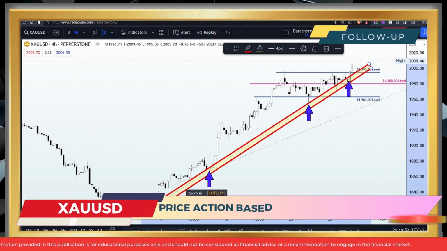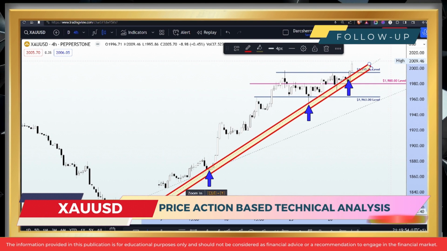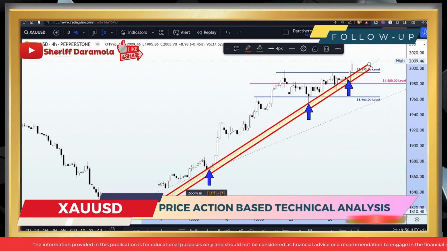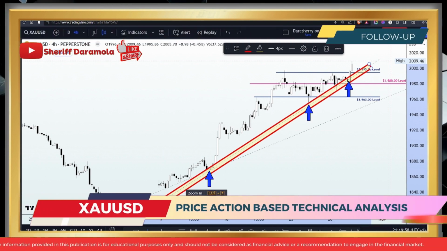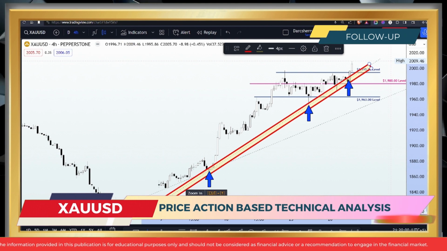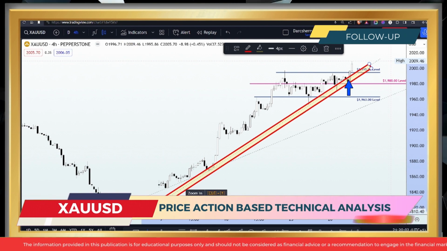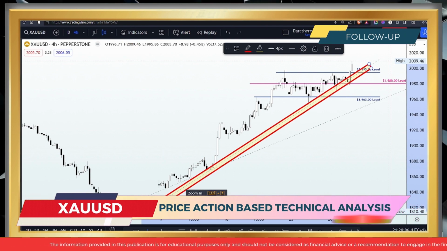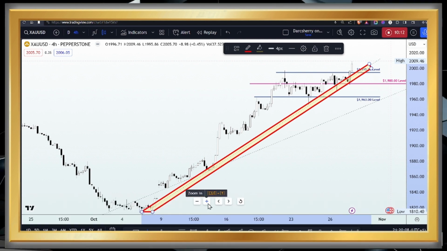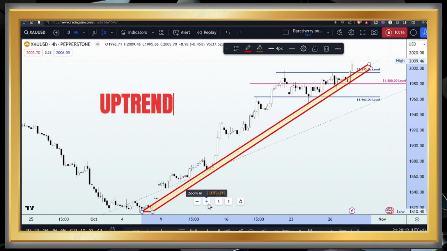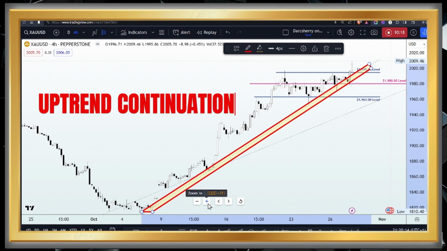And at no point during the course of this month have we witnessed the breakdown of this ascending trend line, which further buttresses the strength of the buyers in this market. And as you all know, as long as we have an ascending trend line, we shall continue to look out for market conditions that will support an uptrend continuation.